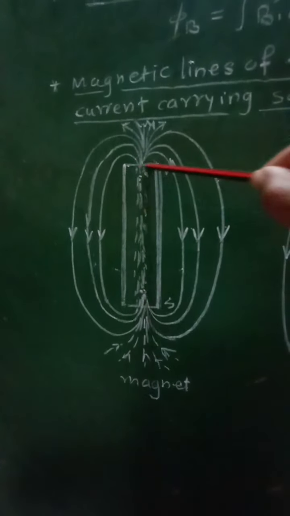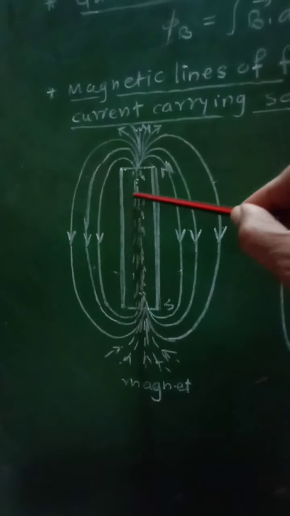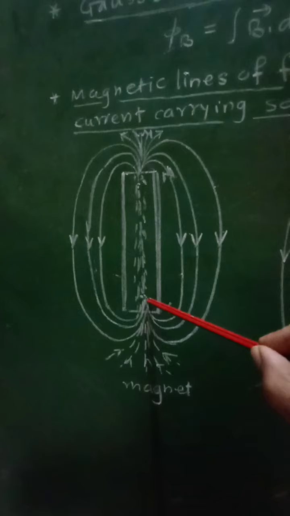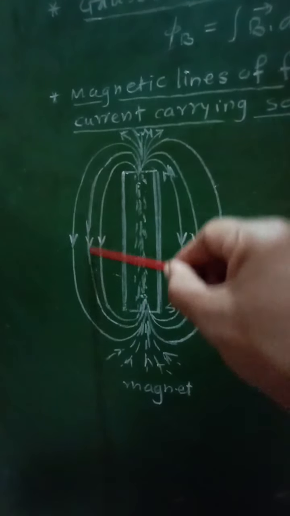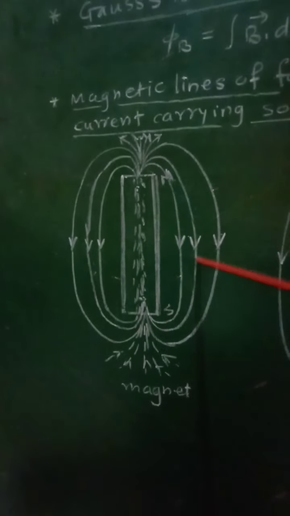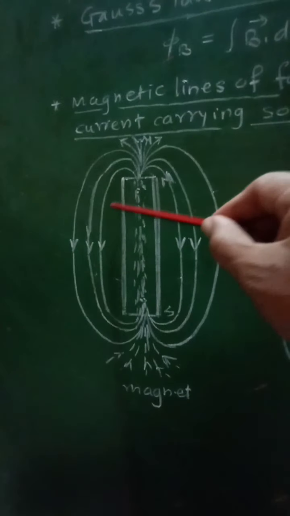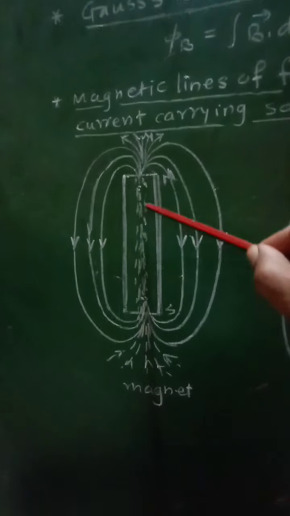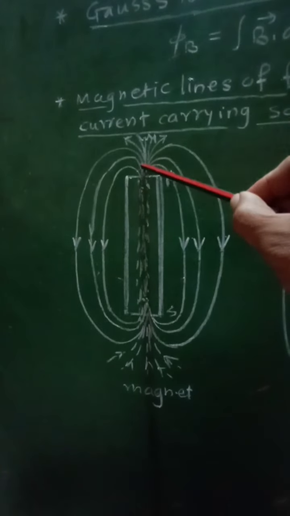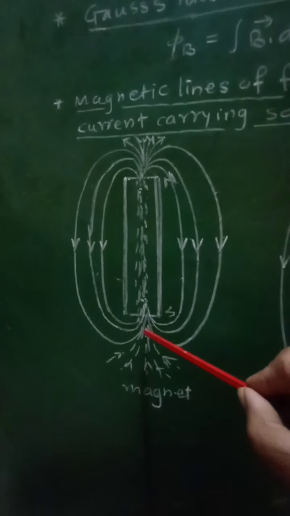First of all, we will consider the magnetic lines of forces in case of a bar magnet. This is the bar magnet consisting of two poles N and S. Then these loops will represent the magnetic lines of forces originated from North Pole and ending on South Pole.